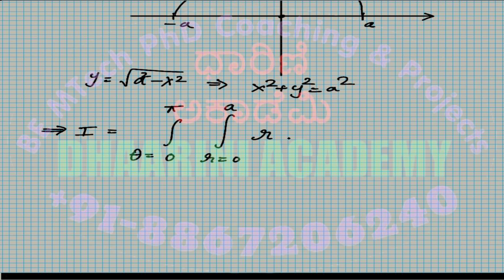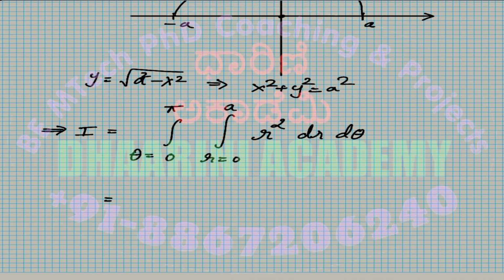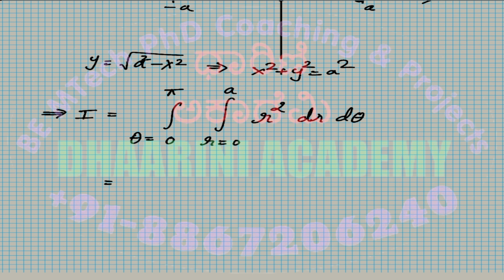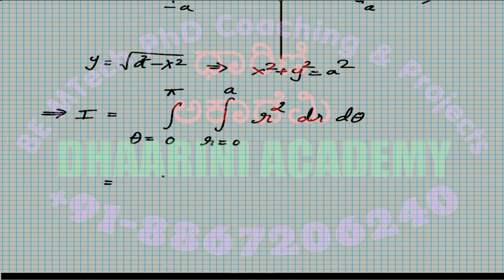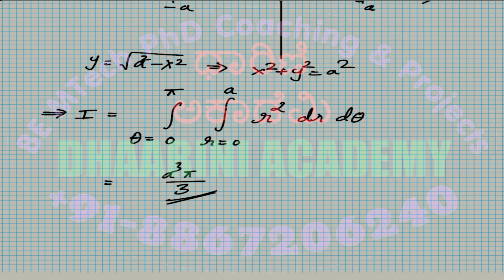Into that we have r dr d theta, so I'll write r square dr d theta. Very simple. Please go ahead. When we solve this, we get the answer as a cube pi by 3. Okay, that's the correct answer.